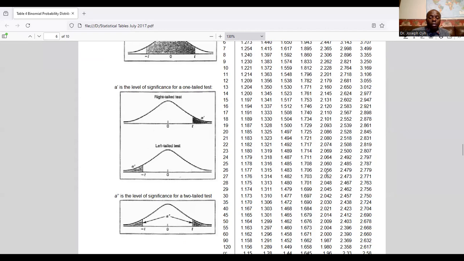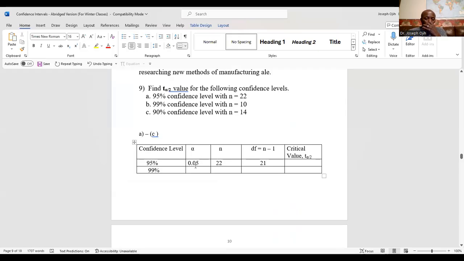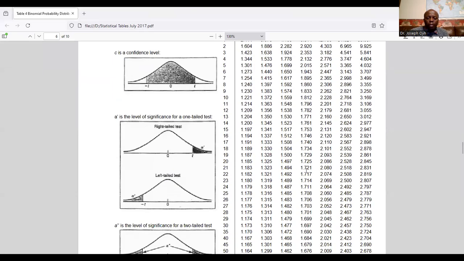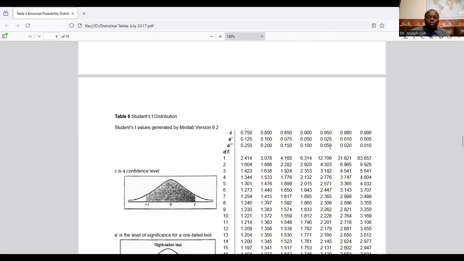Okay, let's see. 21, not 22. Look, we have here 21 with 0.05. So on the table, we have 21 degrees of freedom. This is 0.05 right here. This is 21 right there. Follow it to 21 and go up to 0.05.